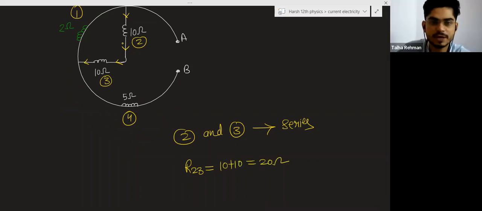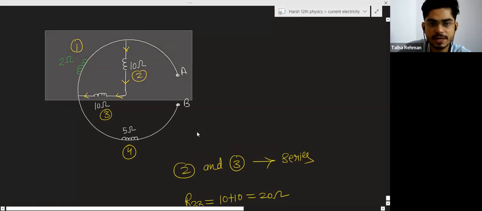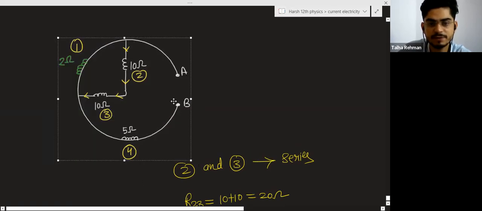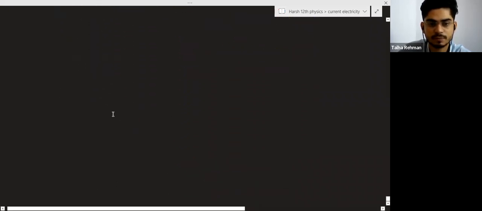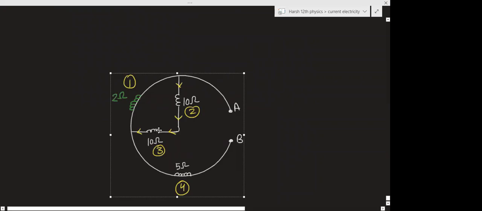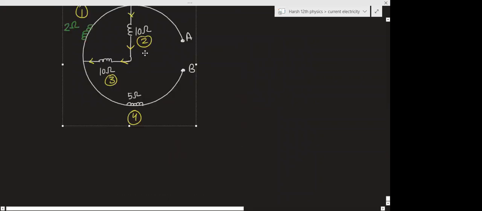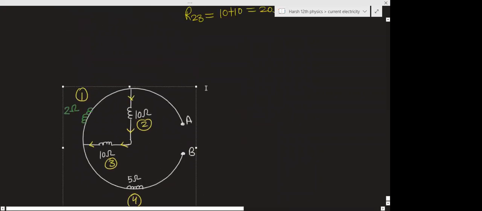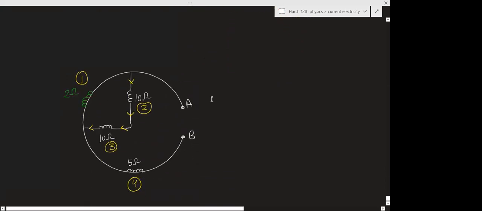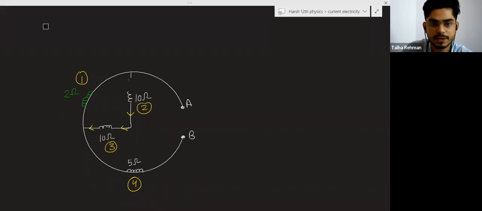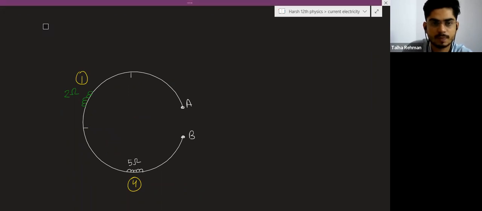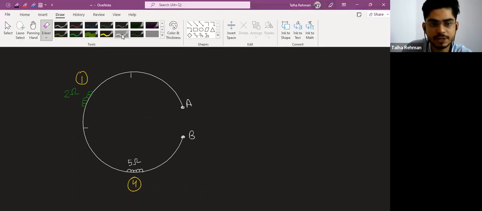So now we will modify the circuit, means instead of this 10 ohm and 10 ohm resistance, we will connect a single 20 ohm resistance. Just removing these 10 ohm resistances, I will connect here a single 20 ohm resistance, because we have calculated the equivalent resistance.